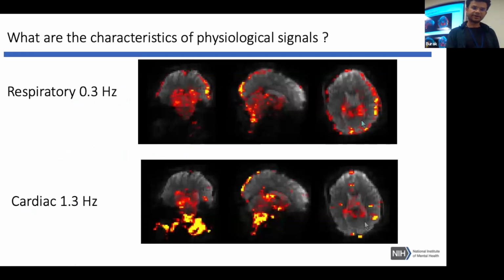For respiration and cardiac, you can appreciate that the lower brain areas, where the veins are going and a lot of CSF motion and plumbing is happening, are affected. But the respiration is also changing the vascular tone and carbon dioxide. So you can see the draining vein at the back of the head too, very bright.